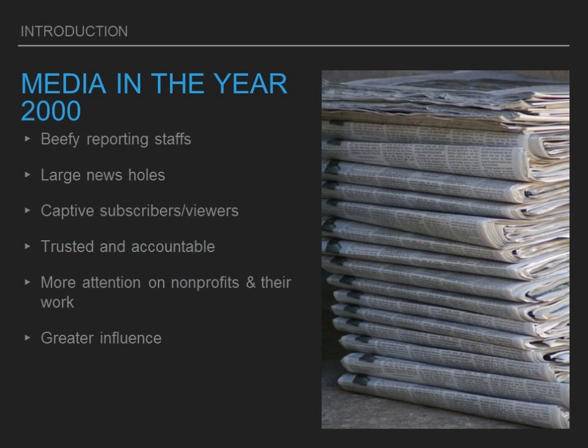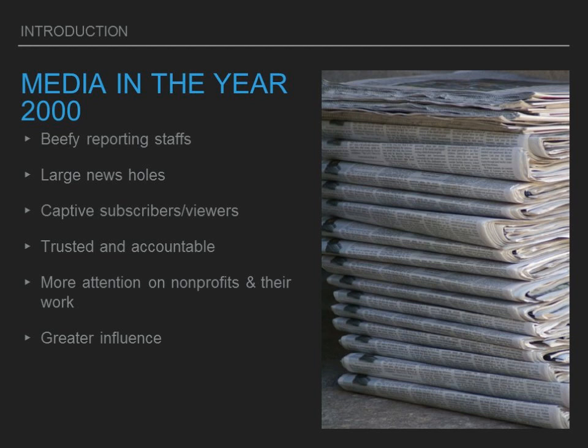But in the world of social media, and in particular Facebook, it is becoming one of the best sources for news information according to people. Now, journalists will tell you they don't think that's the best source, but it is what people are using. And so the media is really trying to figure out how to use those social media outlets to communicate messaging. But in the 2000s, there was still a very captive audience.